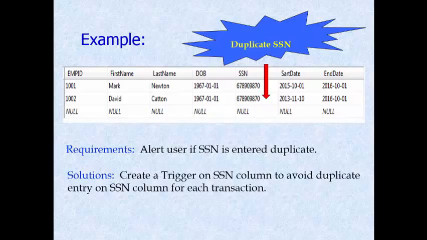So what is the solution? That means create a trigger. As I mentioned here, the requirement is to alert the user if an SSN is entered as a duplicate. And the solution is to create a trigger on the SSN column to avoid duplicate entry on the SSN column for each transaction.